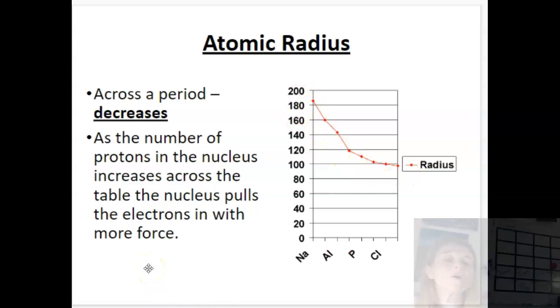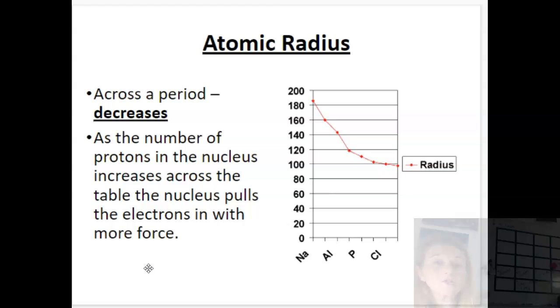As we go across the periodic table in an energy level, the radius gets smaller because we're not adding energy levels. Those electrons are being added in the same energy level, but we're adding protons. And protons pull electrons in.